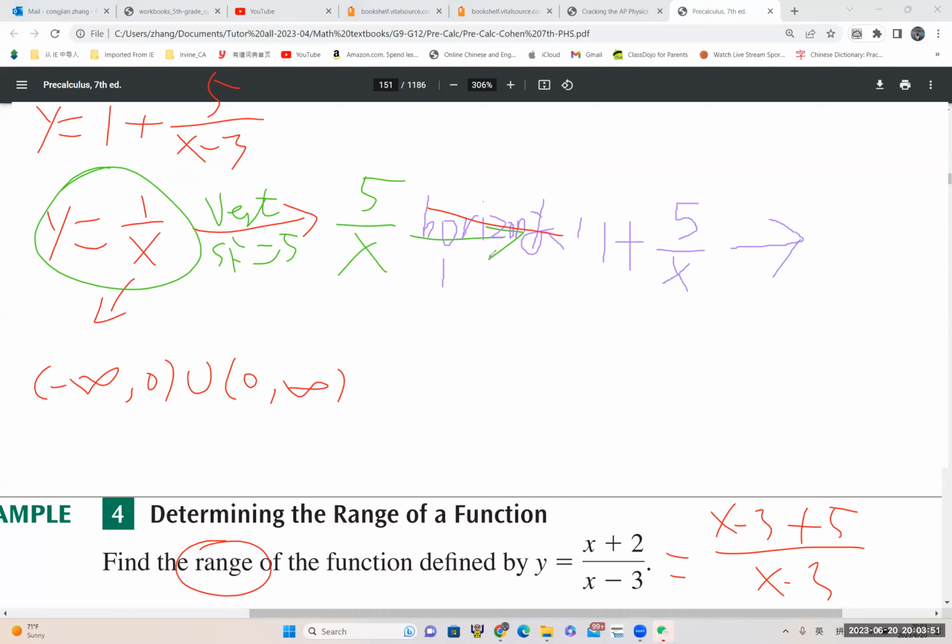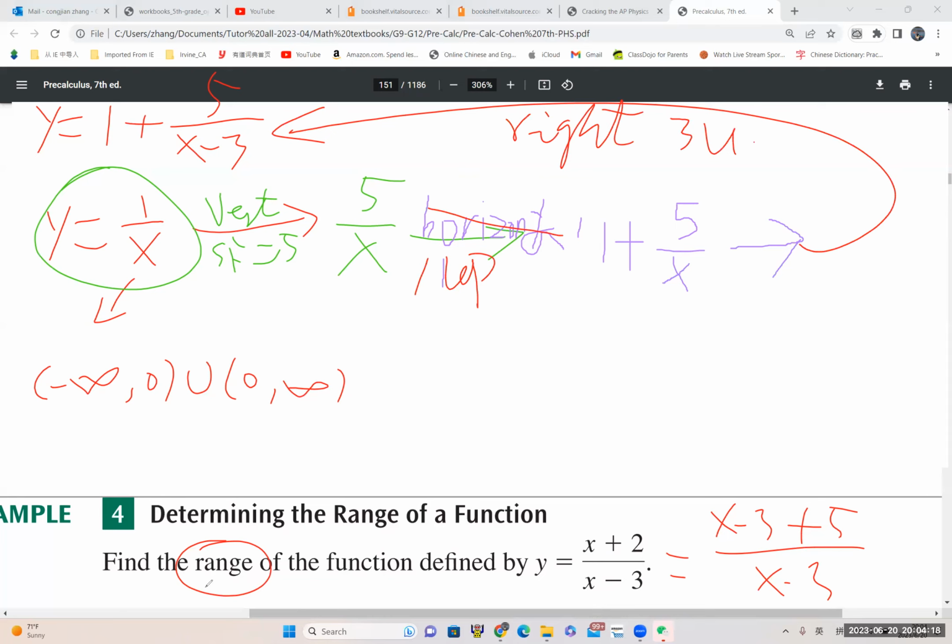So we just call it up 1, okay? Then for me, of course, I will change it to the right. How do we call this? Translate right 3 units.